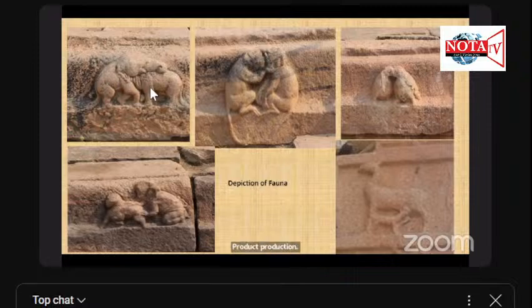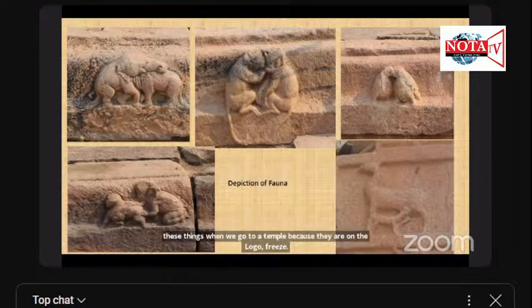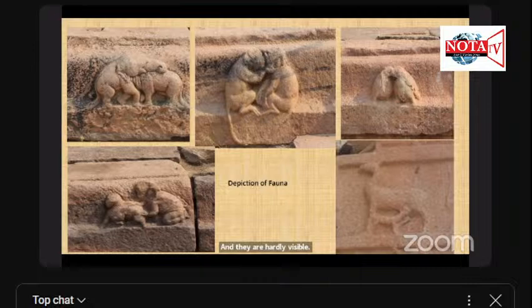And here you have elephants and monkeys and birds, and then again monkeys, and they have these beautiful sculptures. Generally, we tend to overlook all these things when we go to a temple because they are on the lower frieze and they are hardly visible. So when we had a closer look at these things, they were so beautifully depicted.